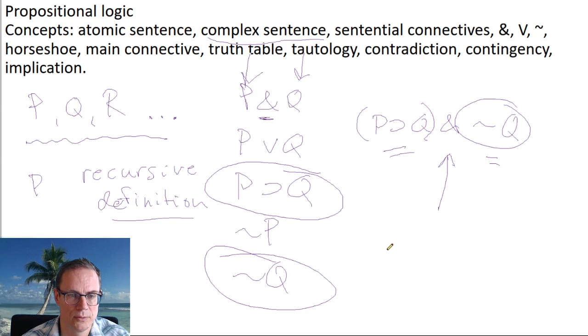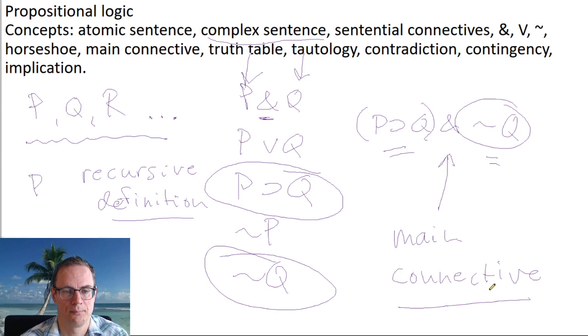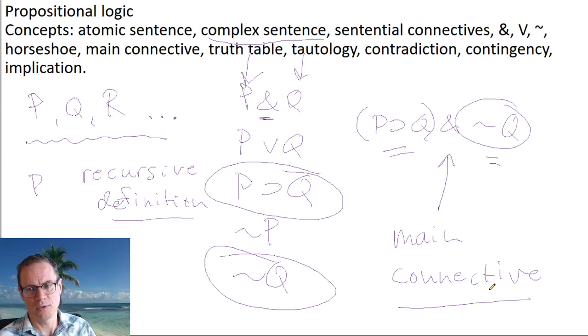Now, this brings me to the important concept of the main connective. Whenever you see a formula in propositional logic and also predicate logic, it's useful to ask yourself, what's the main connective?